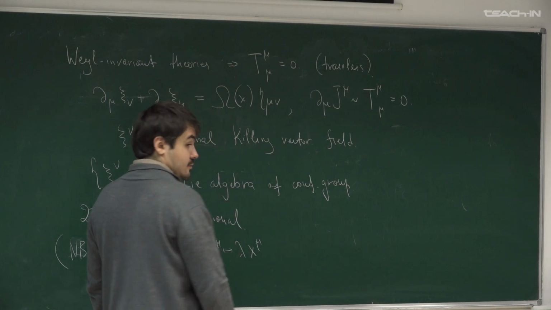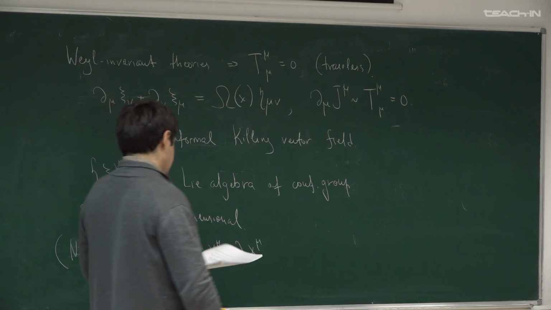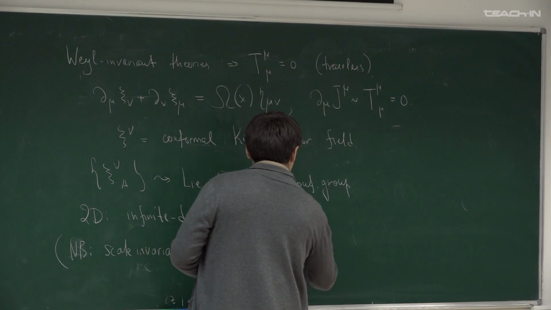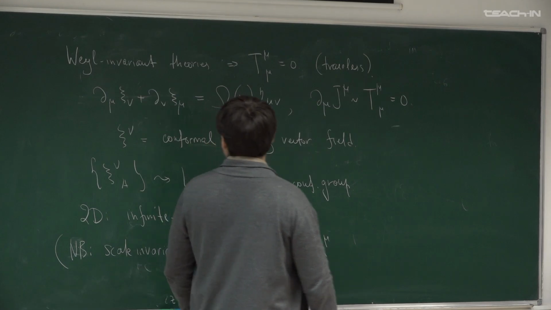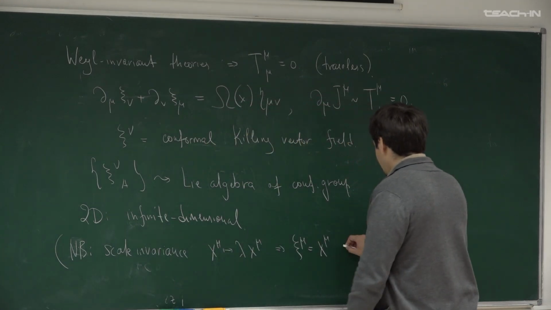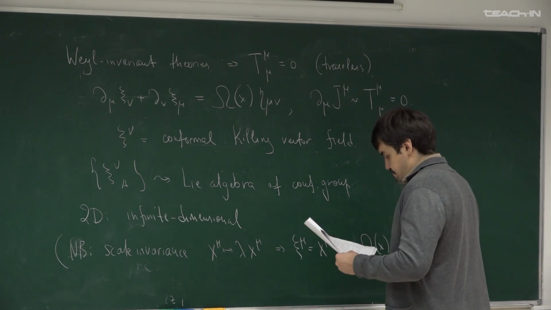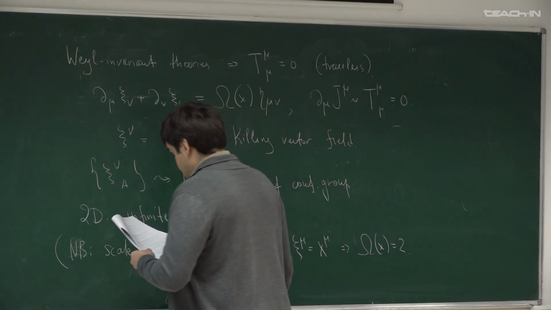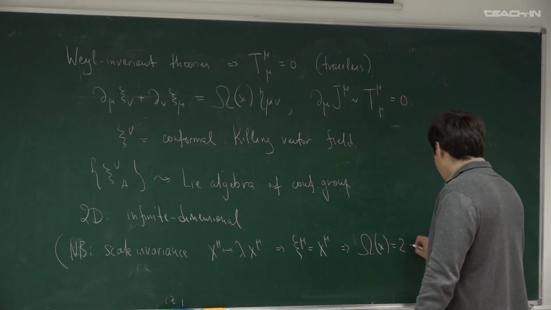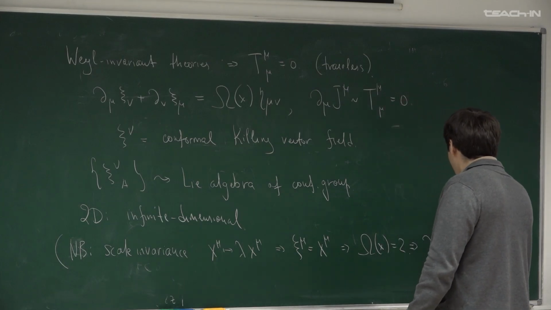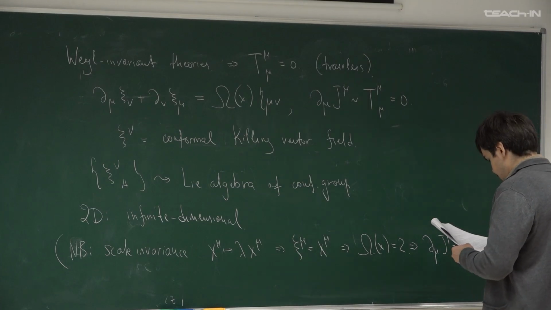If you just require invariance with respect to dilatations of this kind, the corresponding psi mu is x mu. Then omega of x is just a constant equal to 2. That means in turn that d mu J mu is T mu mu.